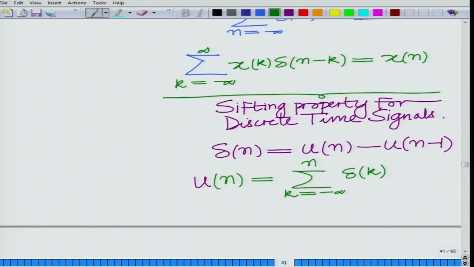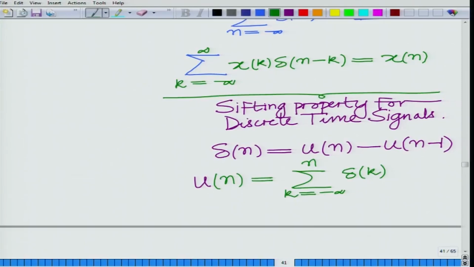So, if n is greater than or equal to 0, obviously this is going to be equal to 1, and if n is less than 0, then the summation k equal to minus infinity to n of delta k will be 0. Okay. So, this is again another representation of the unit step function.